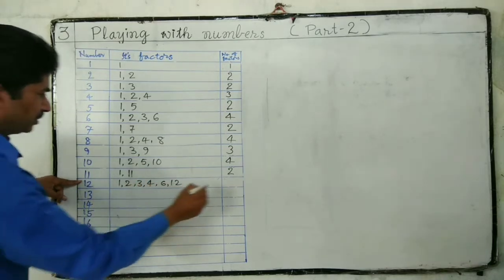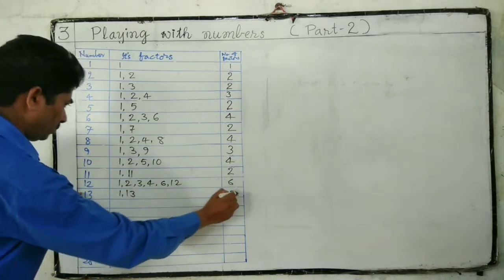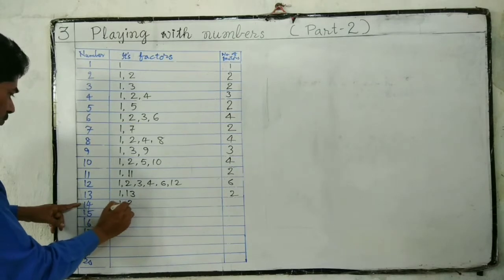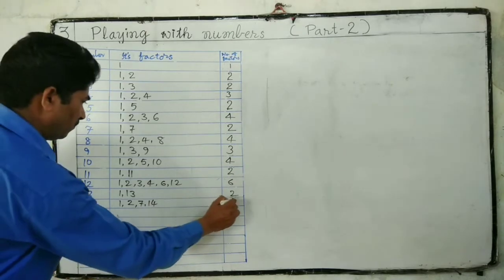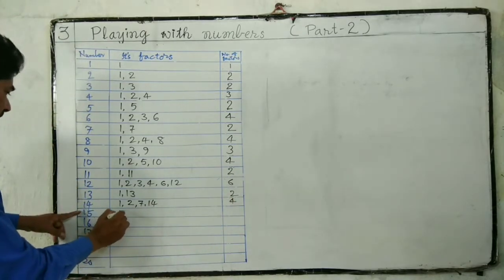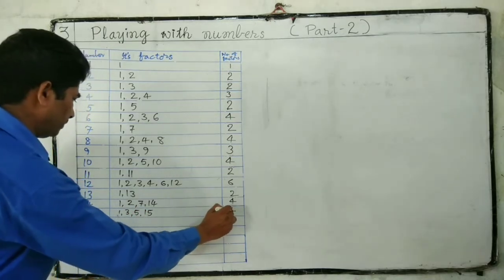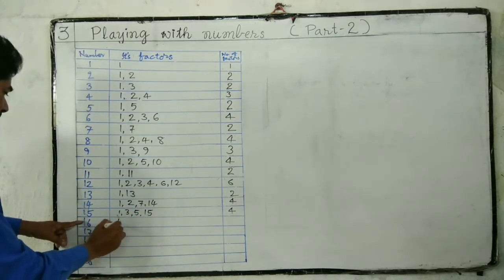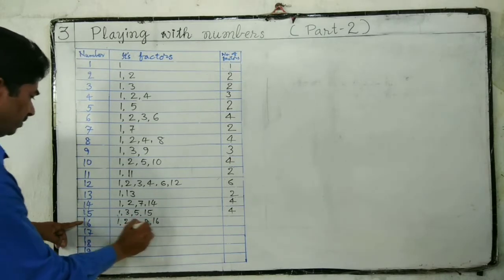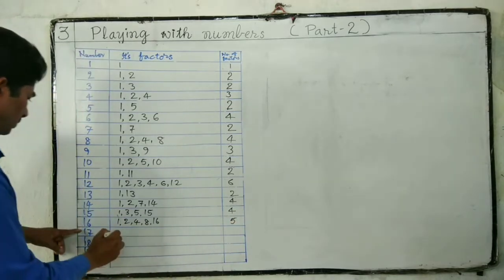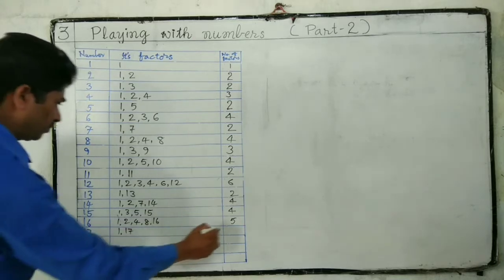So, it has 6 factors. 13: 1, 13. 14: 1, 2, 7, 14. 4 factors. 15: 1, 3, 5, 15. 4 factors. 16: 1, 2, 4, 8, 16. It has 5 factors. 17, divisible by 1 and 17 only. 2 factors.